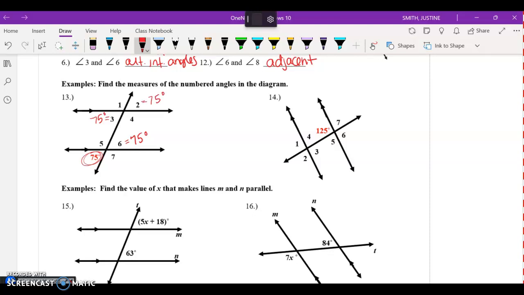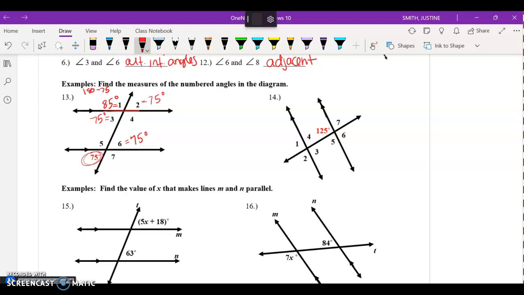Then we could say 1 and 2 form a straight line, so they're supplementary. A straight line is 180 degrees. So if 2 is 75, we do 180 minus 75, so 1 would be 85 degrees.